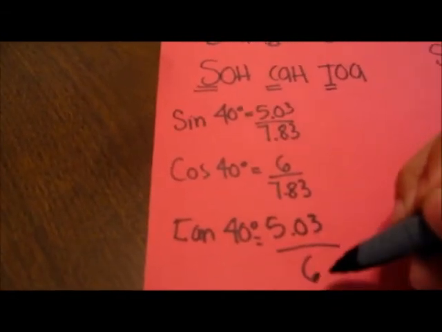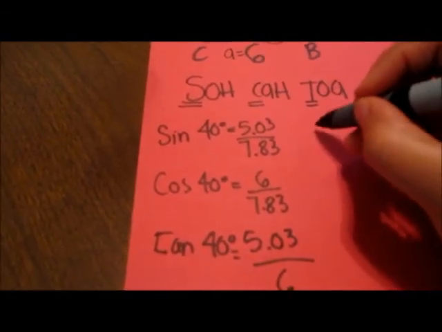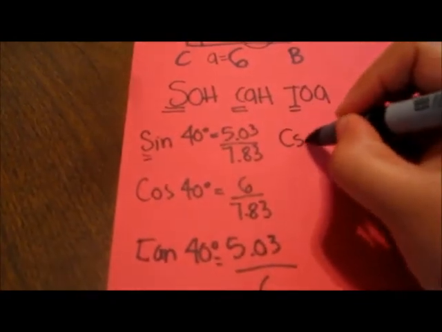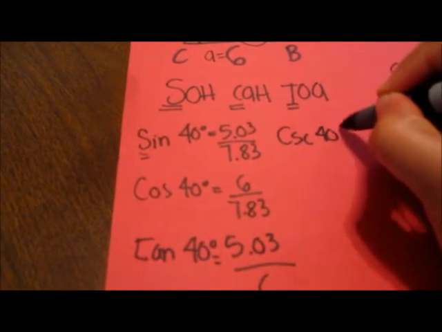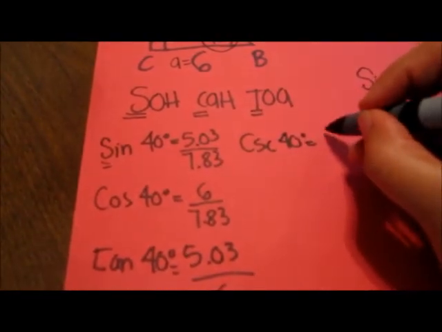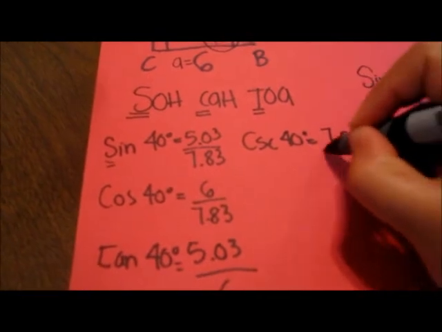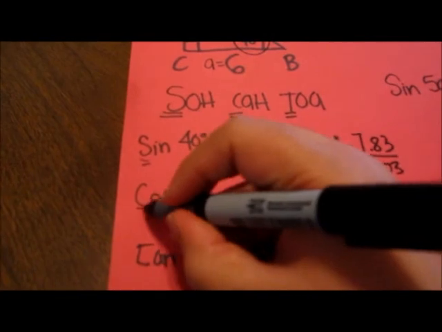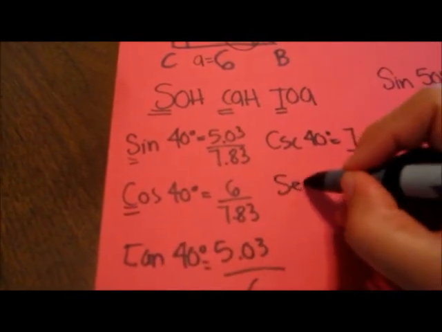We find the first ones, and we need to find also the reciprocal. So for sine is cosecant. Cosecant of 40, and we just switch or flip the fraction, 7.83 over 5.03. For cosine is secant.